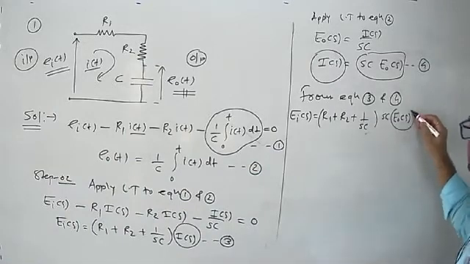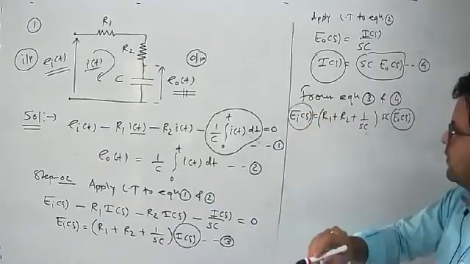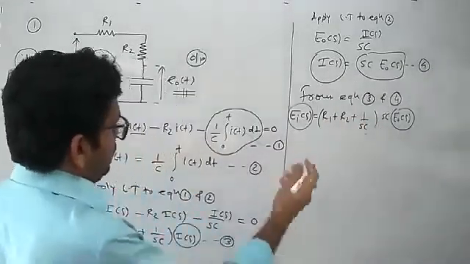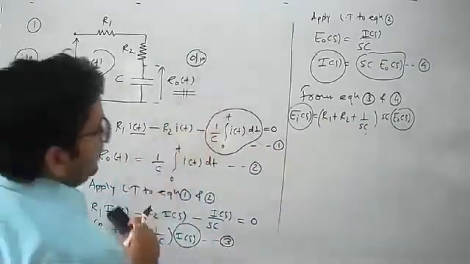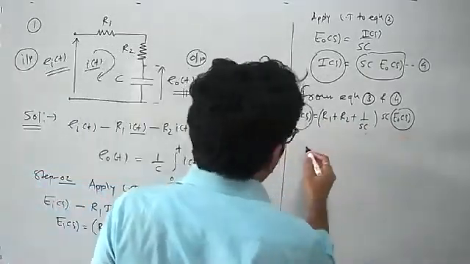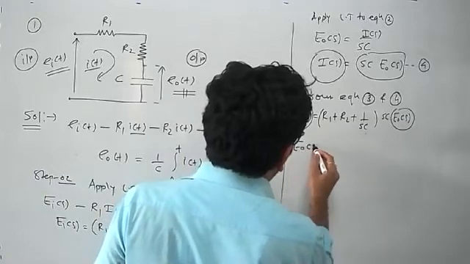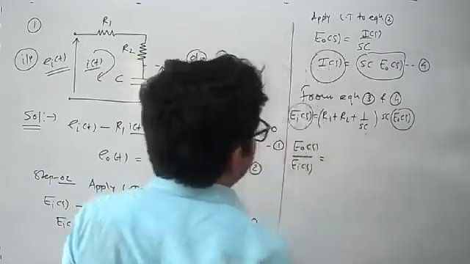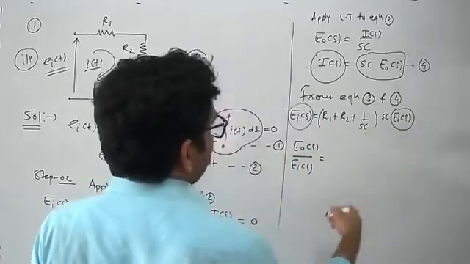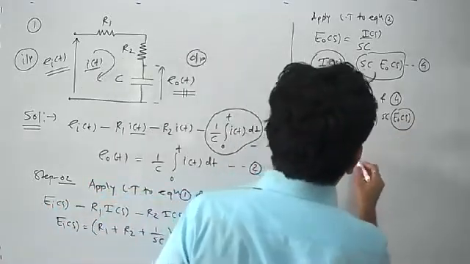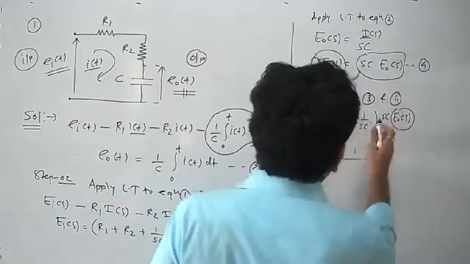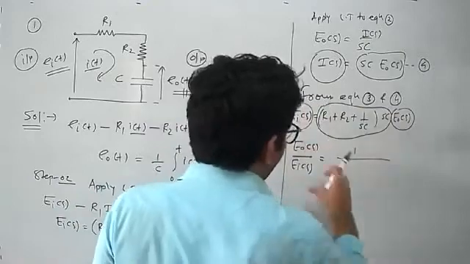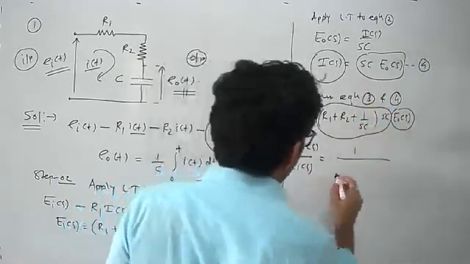So here this is defined as output and this is defined as input. We need to find the ratio of output by input. So I am writing here, output by input is nothing but, you need to shift the terms. It is 1 upon this entire term, which we shift to the denominator side, because output is here, and if you shift the input here, the entire term comes down.